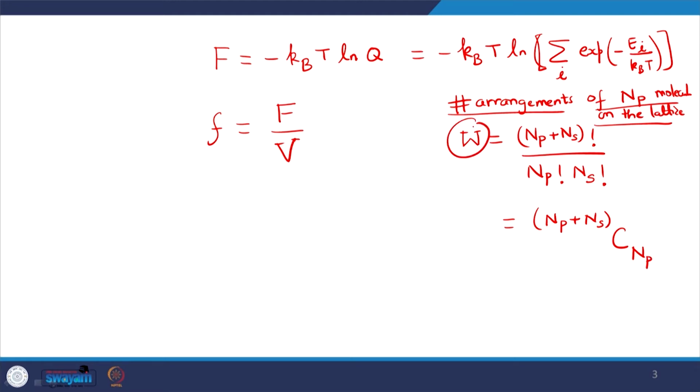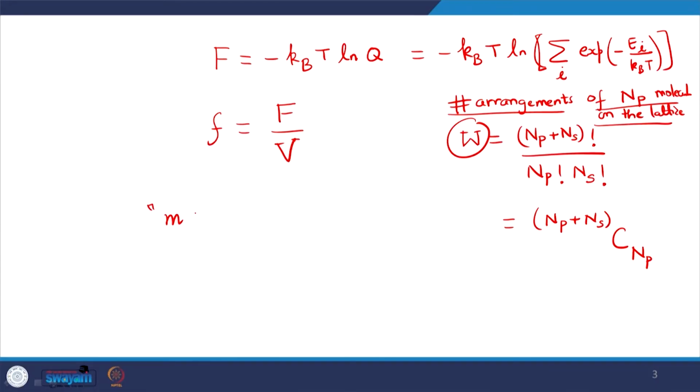So, W we can evaluate, but for each of these W conformations, the E_i are going to be different, right. They will depend on the values of the number of contacts in that configuration, and of course, the epsilon values we have assumed to be constant. So, the number of contacts however is going to vary. So, we will make use of what is known as a mean field approximation to further simplify the problem.